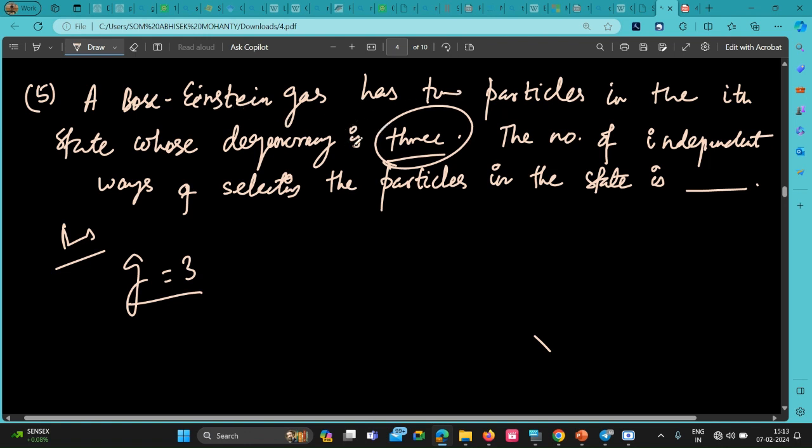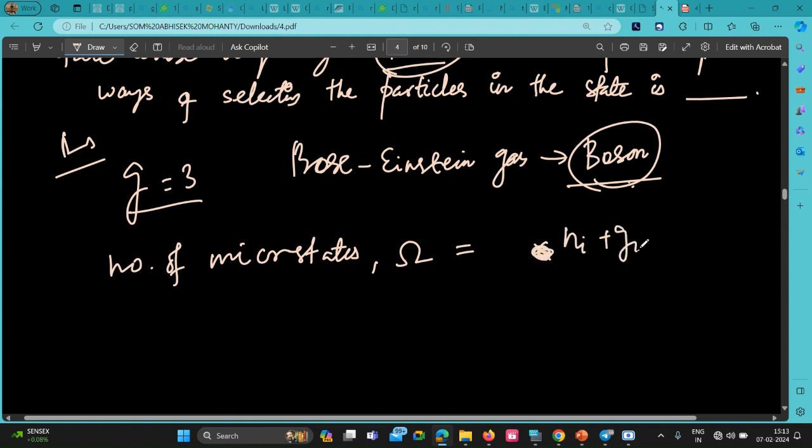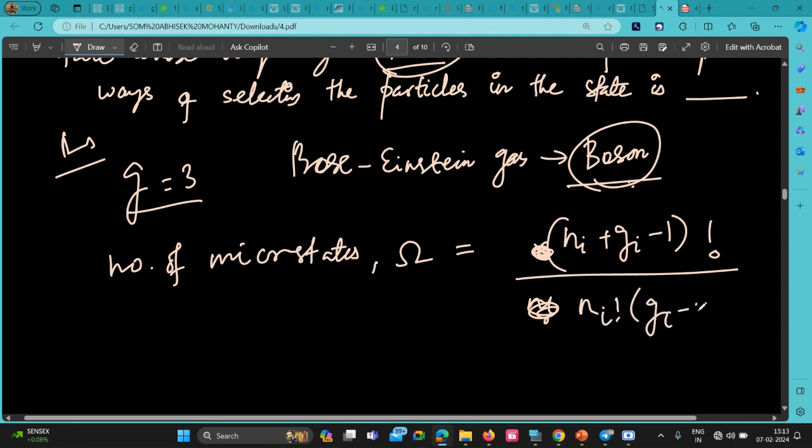Bose-Einstein gas means it's a boson. So for boson, the number of microstates is omega is equal to Ni plus Gi minus 1 factorial divided by Ni factorial times Gi minus 1 factorial.